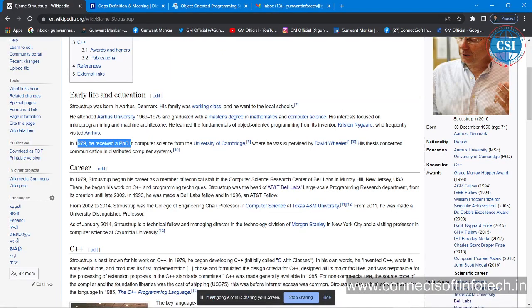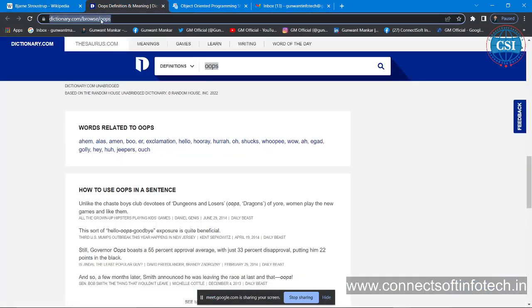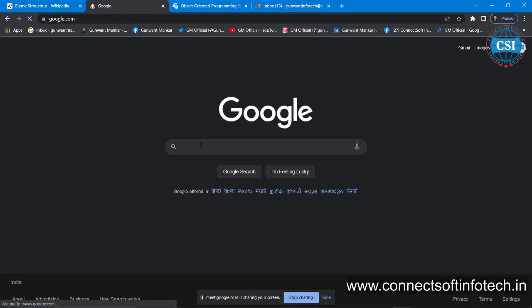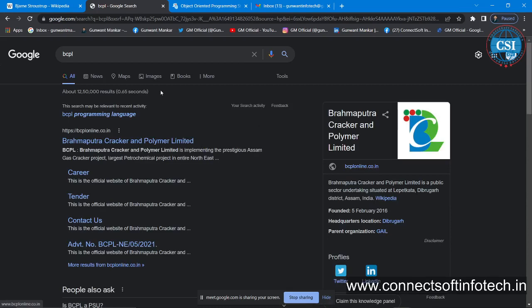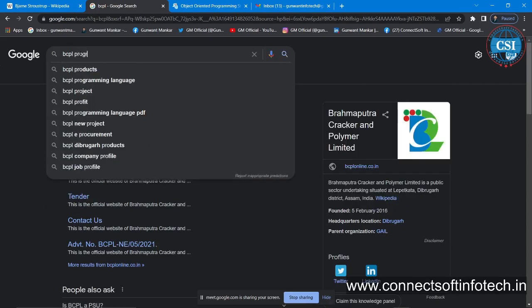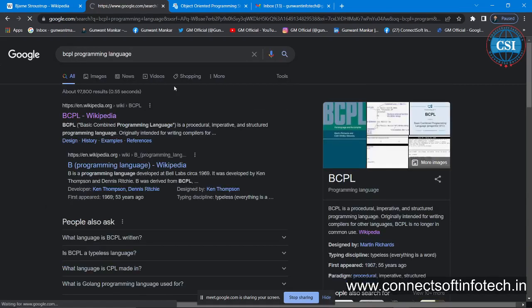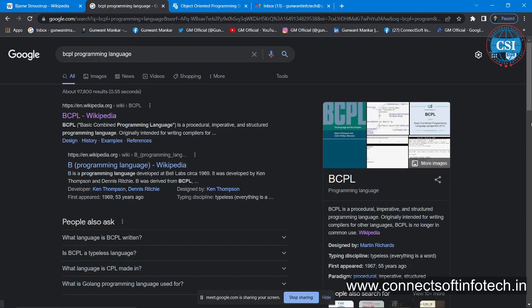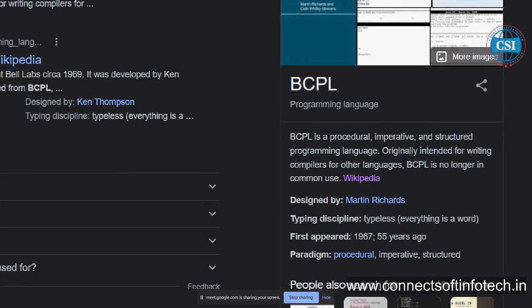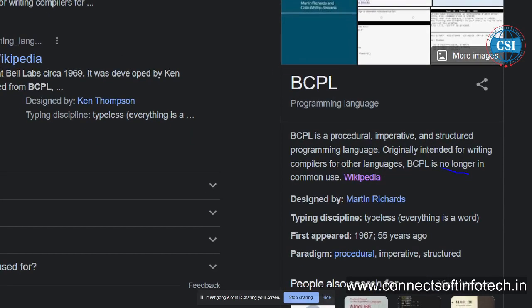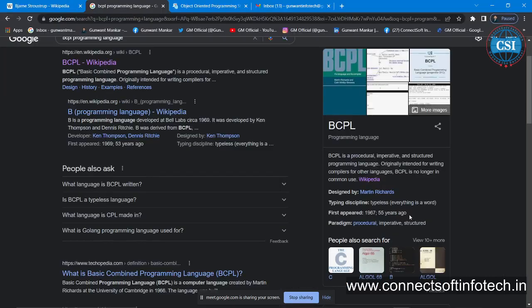Let us check BCPL. It is a procedural, imperative and structured programming language that is no longer in use. Nowadays it is not used. It was designed by Martin Richards.